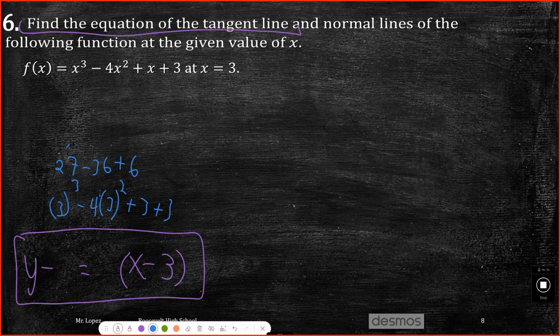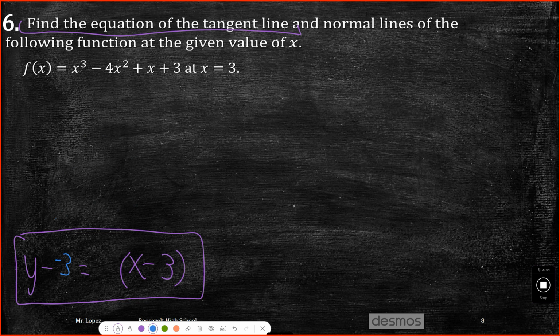So it's going to be 27 plus 6, 33, minus 36 is minus 3. So this is negative 3. So you just got to evaluate it in this function. No? And now we take the derivative and find the rate of change for it.